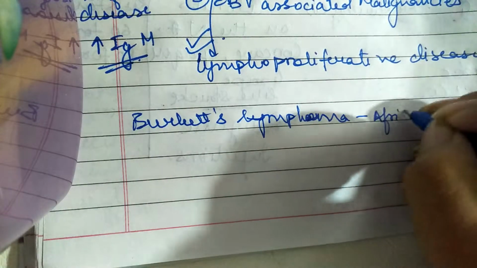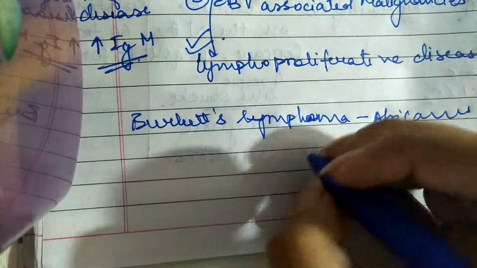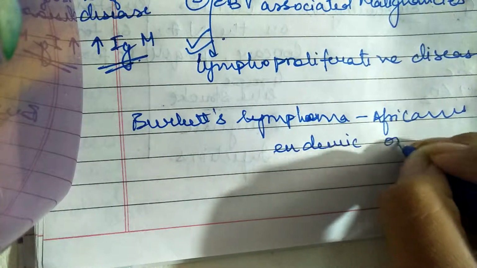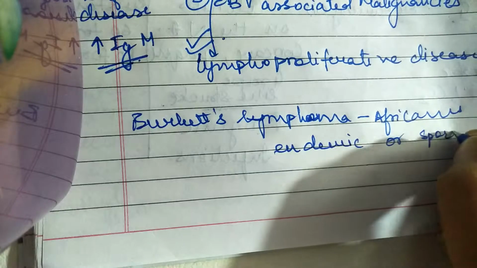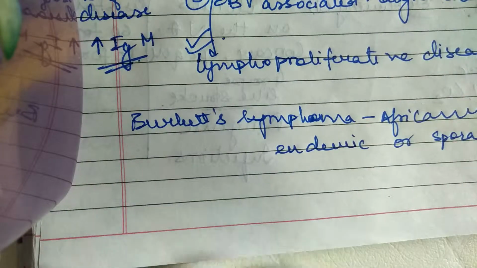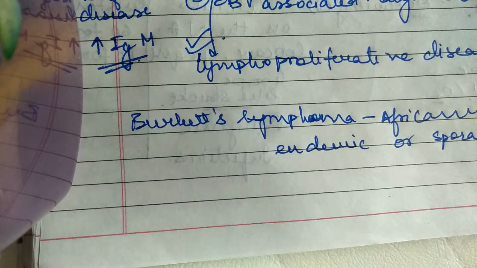In Africans it is more prevalent, and it occurs as endemic or sporadic type. There are multiple copies of Epstein-Barr virus in the cells of Burkitt's lymphoma.